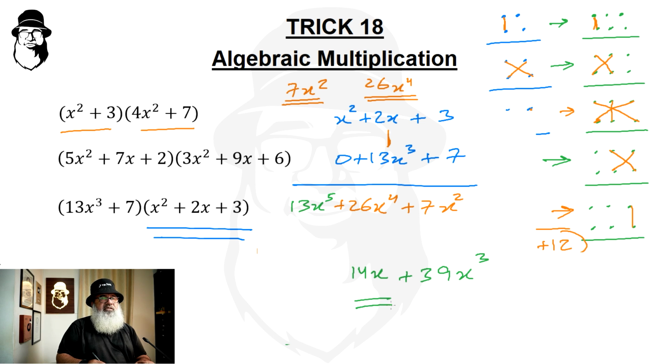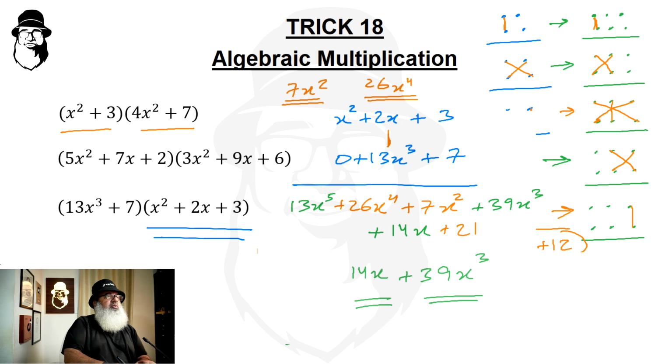Now here we can see also we cannot add these two because here the power is 3 and here the power is 1. So we write them as they are. So here we have plus 39x to the power 3, and 14x here, and then the last step is we multiply this column. 3 times 7 is 21.